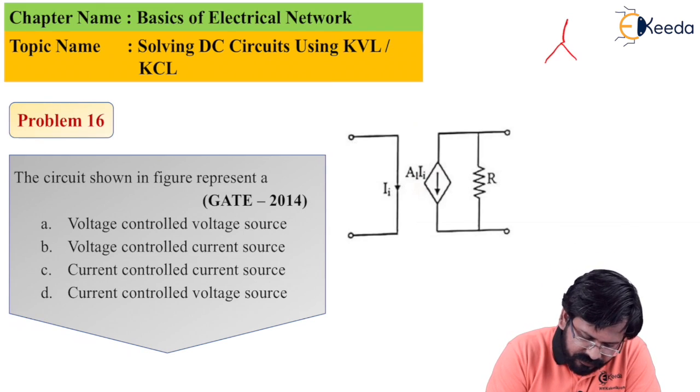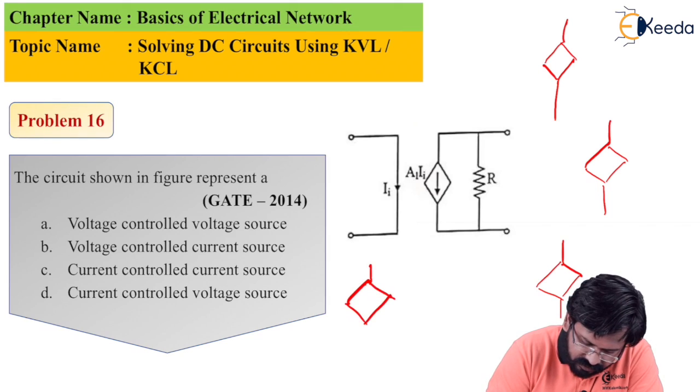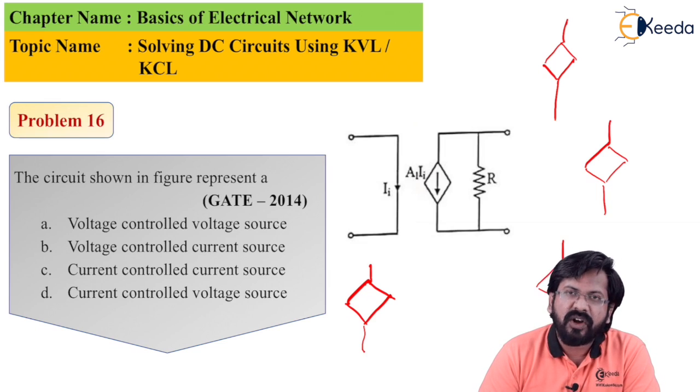For example, we can have four types of dependent sources. Dependent sources are always indicated by using a diamond shape.